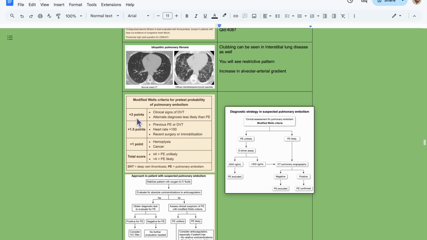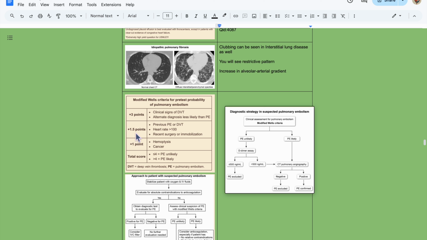Okay. So for 3 points, if you have clinical signs of DVT and an alternate diagnosis less likely than PE.